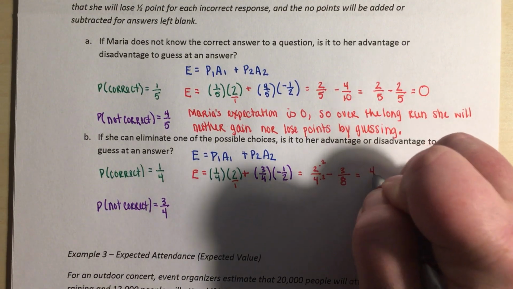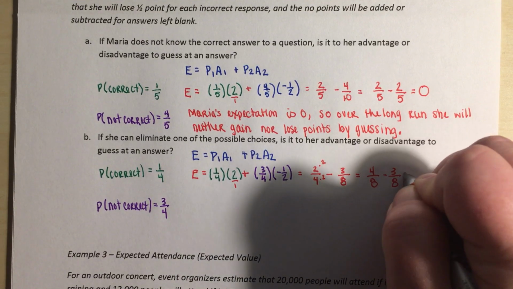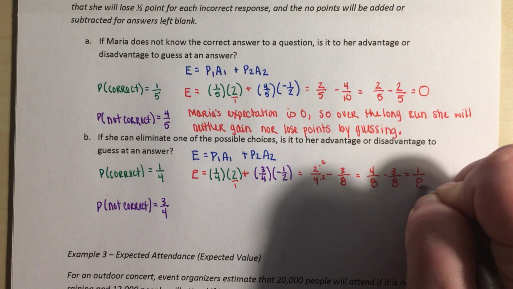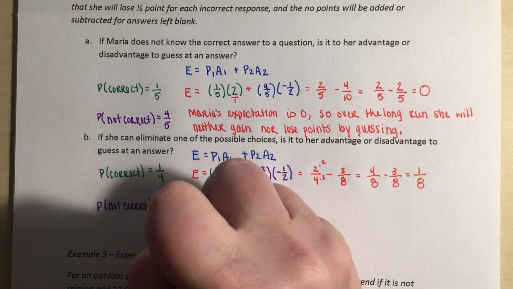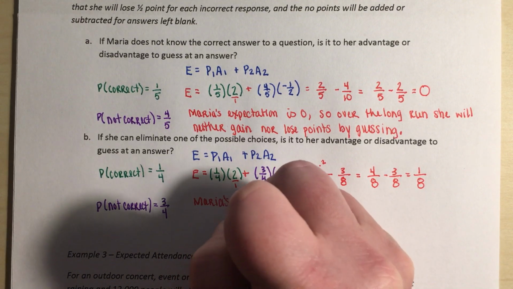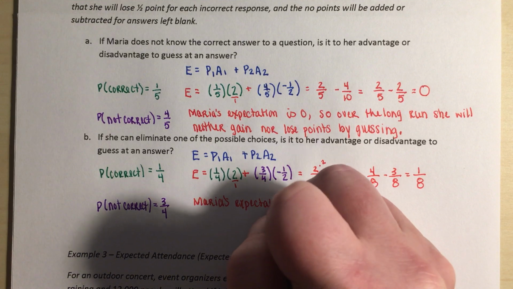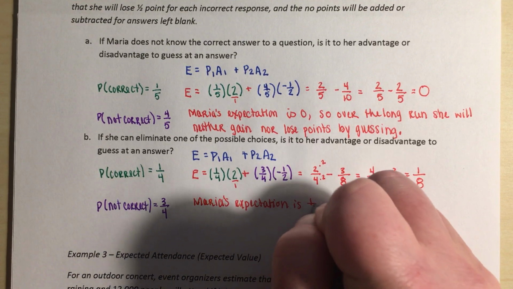So we have 4 over 8 minus 3 over 8, which gives us 1 over 8. Okay, so in this case, Maria's expectation is 1/8.